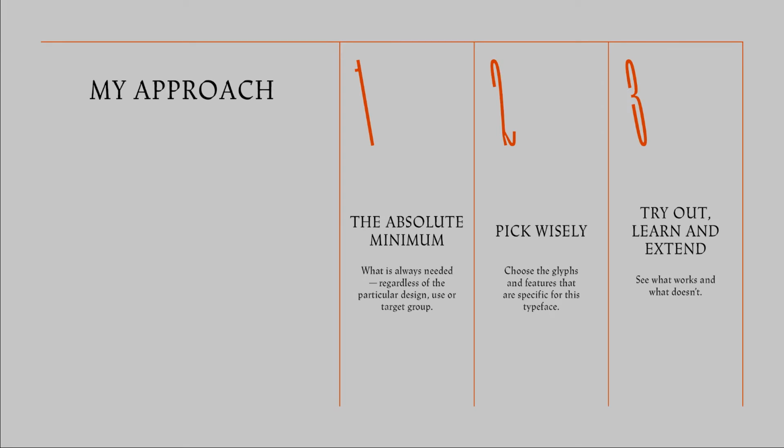My personal approach is to first define the absolute minimum, meaning the characters you need regardless of the design or all the other parts. Then you take a look at the 3 factors we've just talked about: design, use, and target group. And then of course you try out and test your typeface. Is there anything missing, or is there something you never use in your examples?